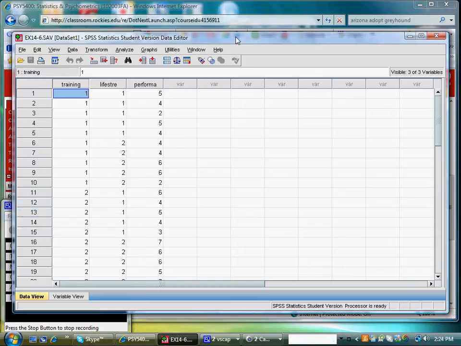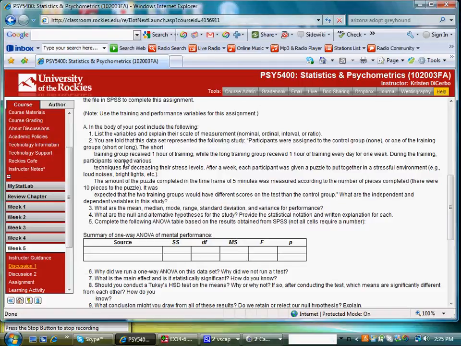So both discussion 1 and 2 use the same data set. It's this 14-6, and it has a training variable, a life stress variable, and a performance variable. In our description, participants were assigned to either a control group or one of the training groups, short or long.